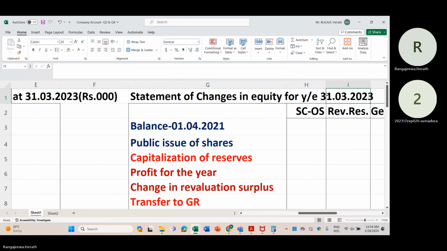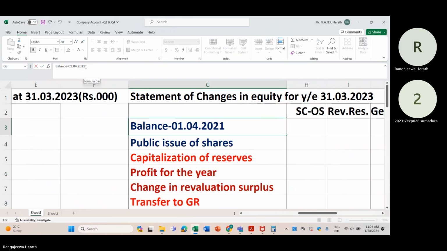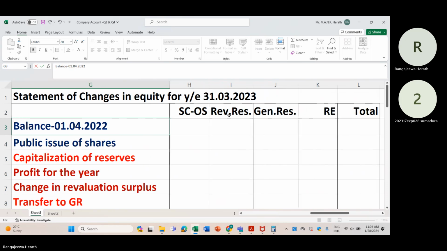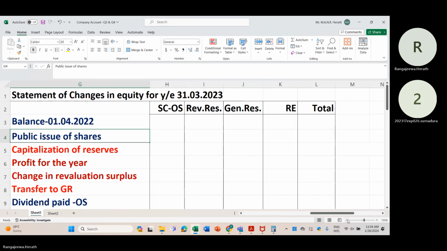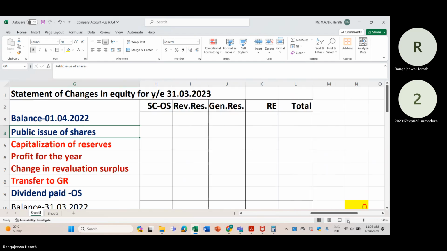Statements of changes in equity, the opening balance again, 1st April 22. We have 4 categories: stated capital ordinary shares, revaluation reserve, general reserve, retained earnings, total. Movements, public issue of shares, capitalization of reserve, profit for the year, change in revaluation surplus, transfer to general reserve, and the closing balance.